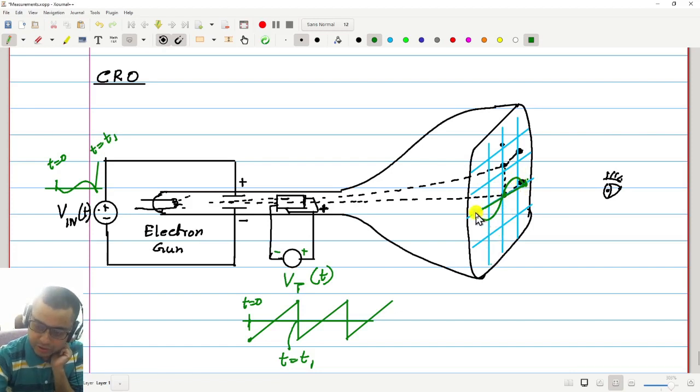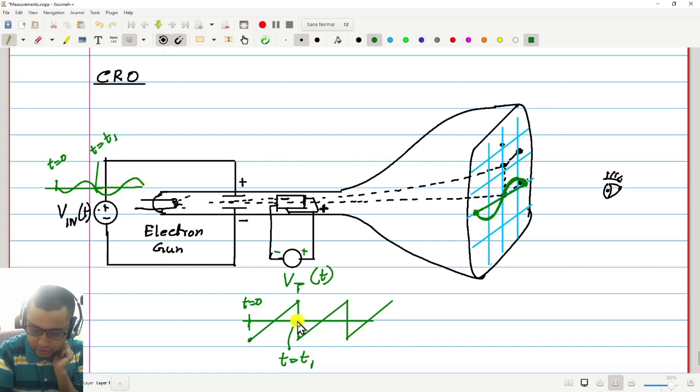Okay, so the electron beam will follow a trace or a path like this, and after coming at this point, what happens? This voltage becomes suddenly negative, so electron beam will come back to the leftmost position again suddenly. At the same time, this voltage continues like this.